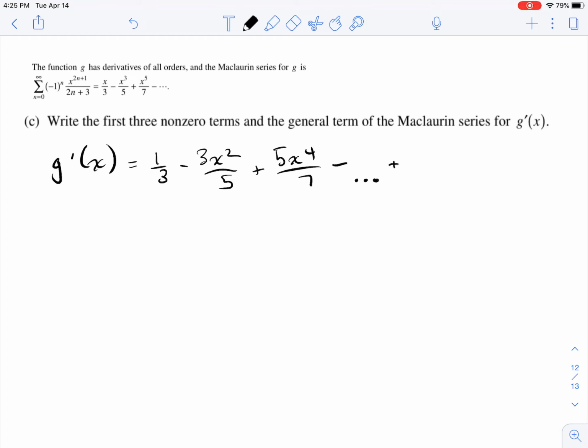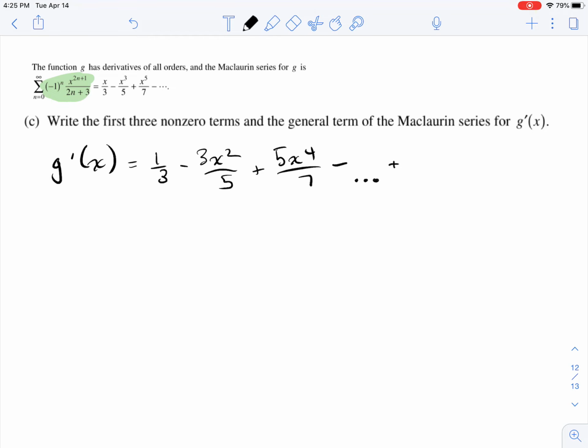So now we're finding the derivative of our general term, which is this stuff over here. Now, I know that looks pretty gnarly, but remember, when we're doing the power rule, the only things impacted by the power rule are the terms with x in them. So that (-1)^n and that 2n plus 3, those are just constants.